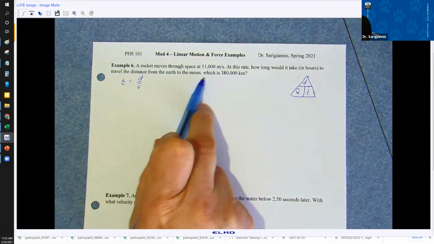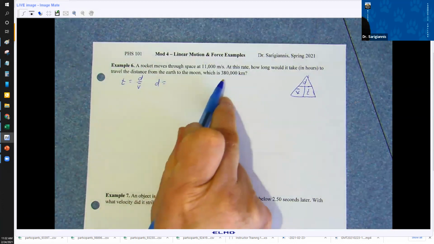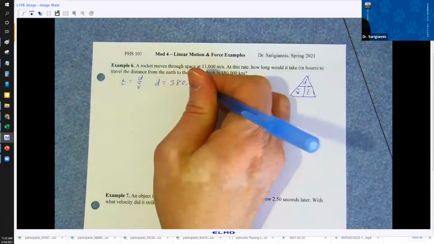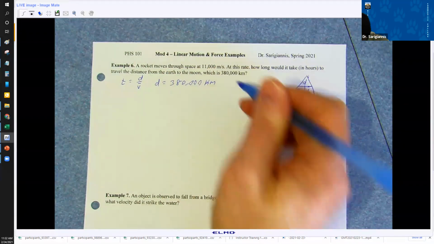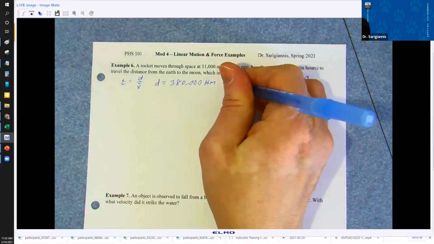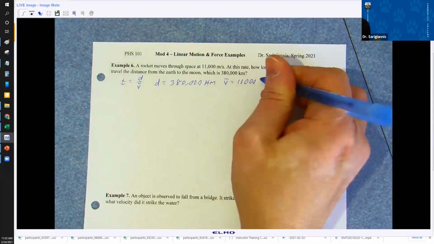Do we have that information? We have D equals 380,000 kilometers, and V bar is 11,000 meters per second.